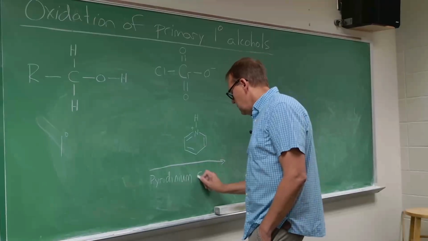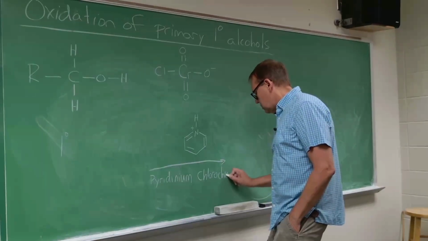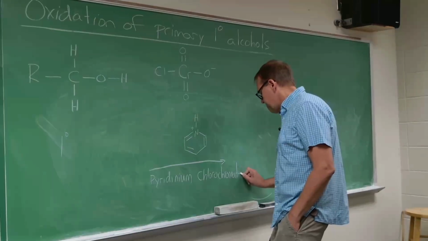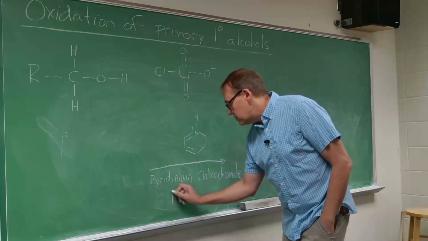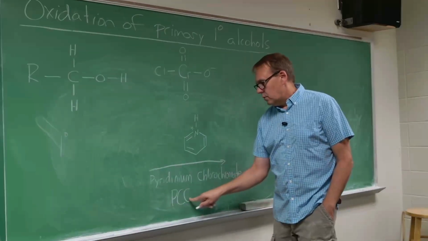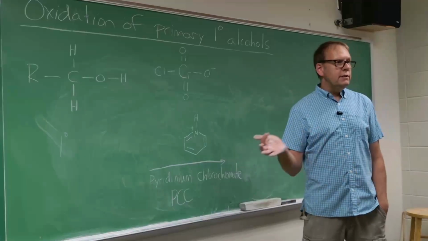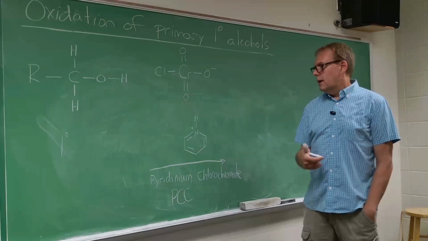Pyridinium chlorochromate. And that's a lot of words to say, so the abbreviation that people use is PCC, pyridinium chlorochromate. So you may see just PCC above the arrow if you're looking at this in a homework, like on Alex or something.